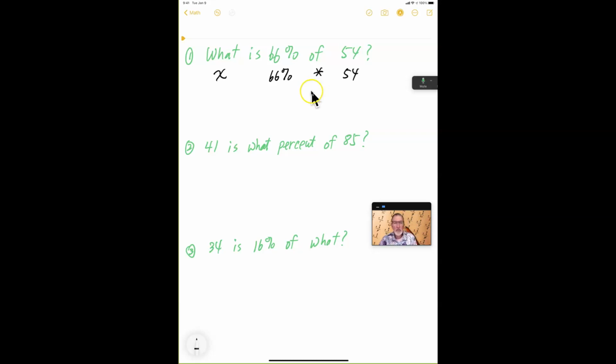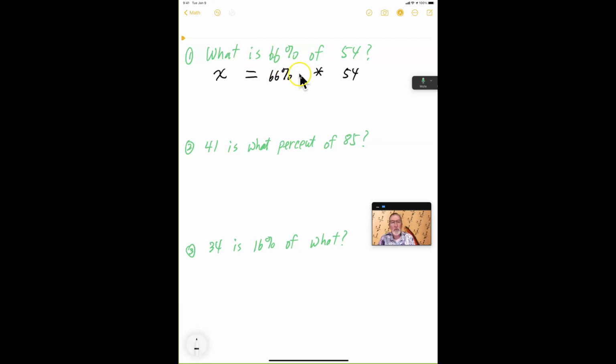So using these simple rules, considering X and what, or some variable to be what you're asking, and that is the variable, the unknown. And then 66%, do you remember how to convert this to a decimal? Or we can use it as a fraction. So the is here, is or are, this is always an equal sign.